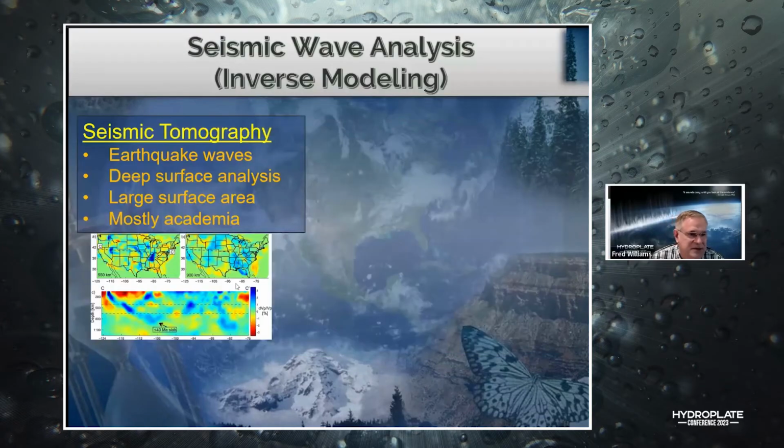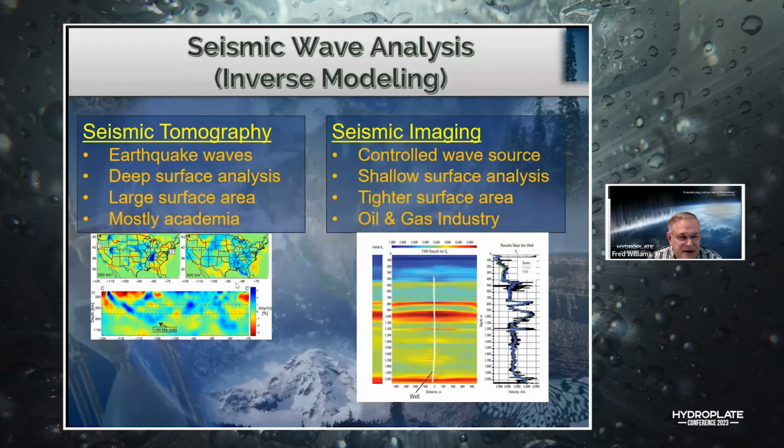Okay, so seismic tomography. This type of inverse modeling looks at earthquake waves, and it's more of a deep surface analysis. It's more of a large surface area, and most of it is in academia. Seismic imaging uses similar principles, but it is different. There's a controlled wave source, such as a seismic hammer or explosions.